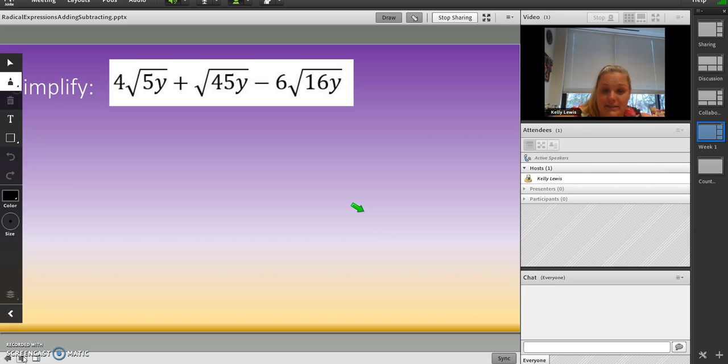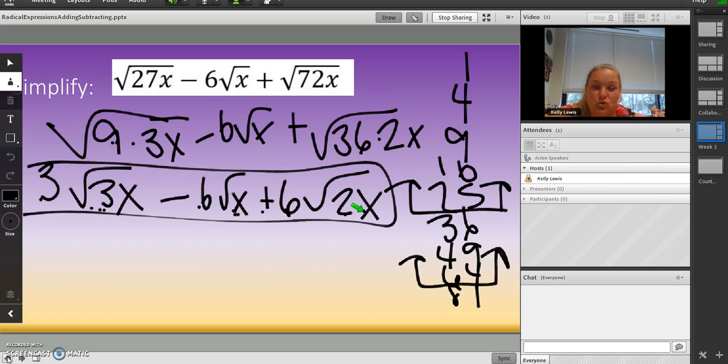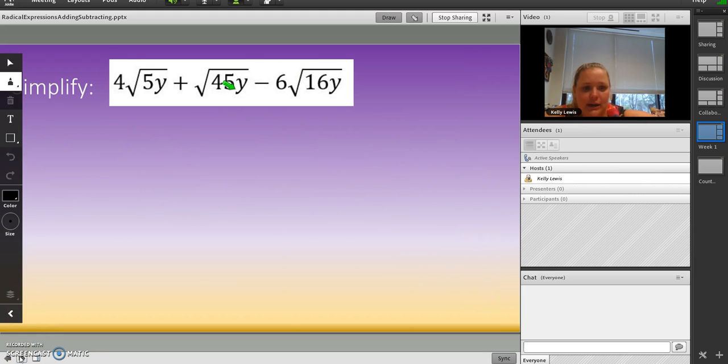All right, so here we are on this guy. What I was trying to do was to get everything to be that x, but I couldn't, because I was trying to use context clues. On this next guy, I'm going to try to get everything to be that 5y. So 45 divided by 5 is 9, so I'm going to try 9 times 5.